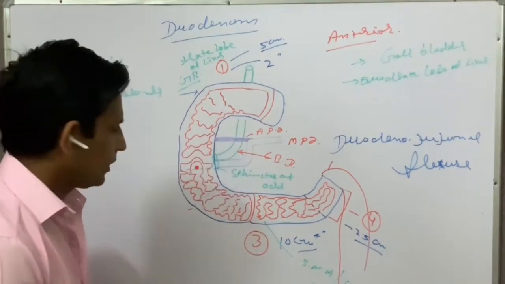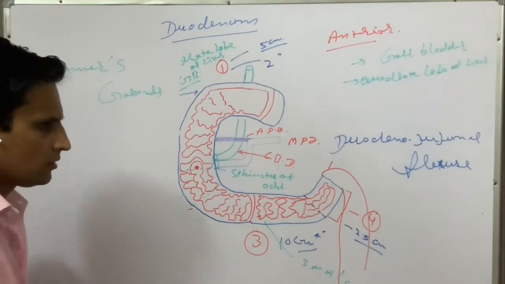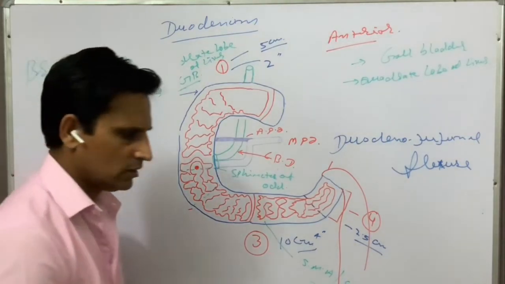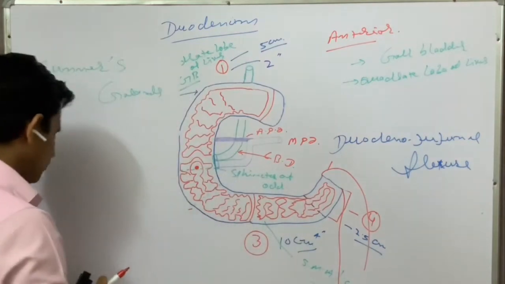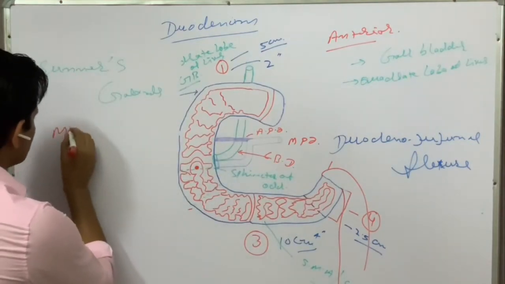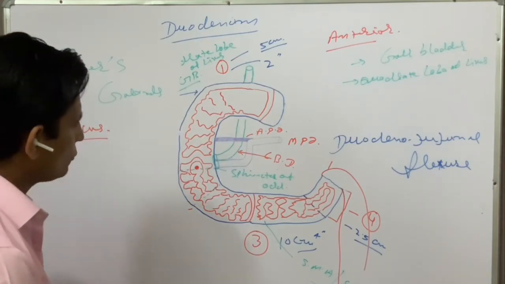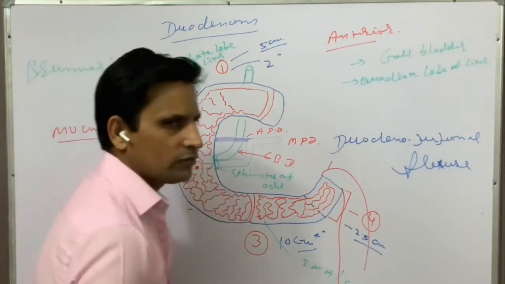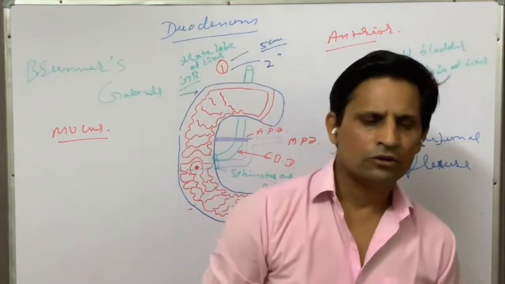duodenum. Here the Brunner's glands also contain some specific secretions, and one important secretion is the mucus. The mucus of this gland also helps to protect the layer of the duodenum.